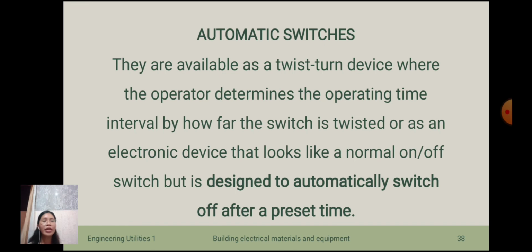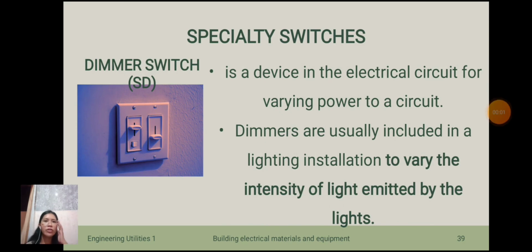So, may time limit po yung automatic switch kung saan if lumampas na siya sa time na given sa kanya, mag-automatically siya off, and then after that mag-on po siya ulit after ng limit na mag-off siya. And then we have the dimmer switch.